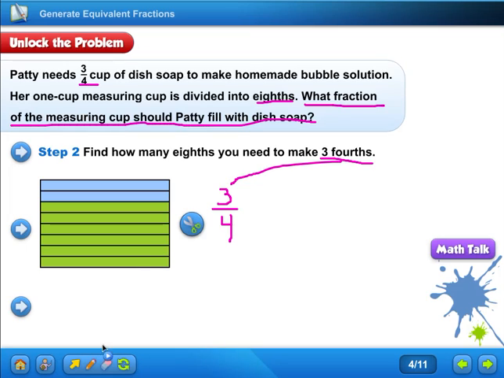So how many total sections do I have in this whole thing? I have 8 total sections. 1, 2, 3, 4, 5, 6, 7, 8. And how many are green? 1, 2, 3, 4, 5, 6. 6. So those are equivalent fractions.